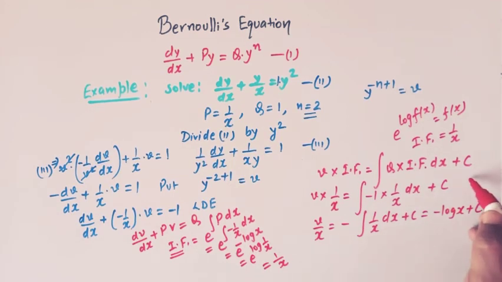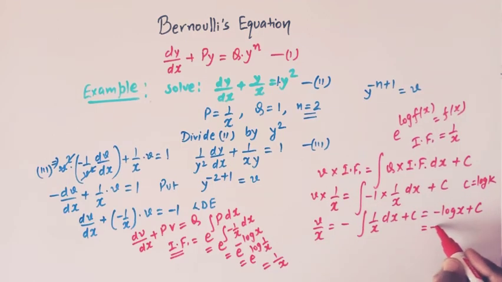Now for c we can write log of some other constant, say log k. So this can be written as minus log x plus log k. Now by using the properties of log, this can be written as log k over x, right?